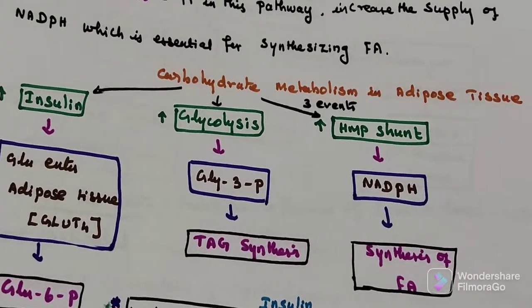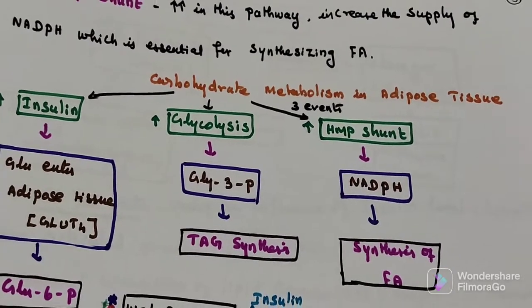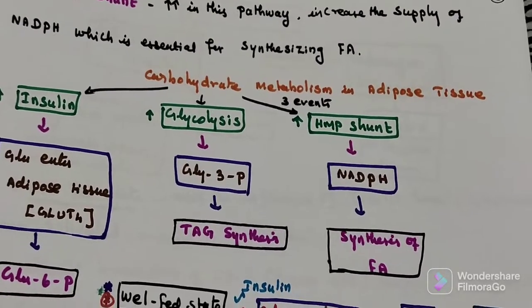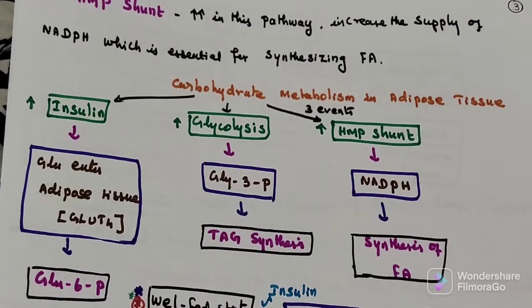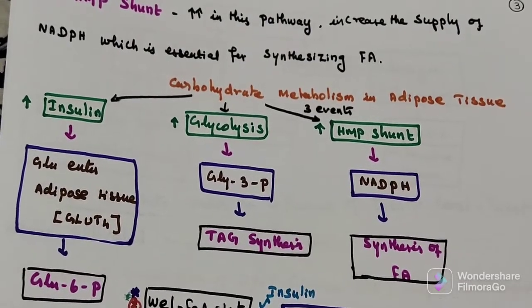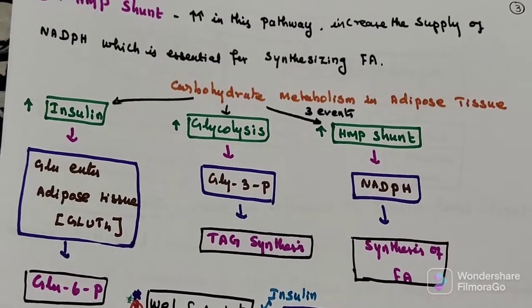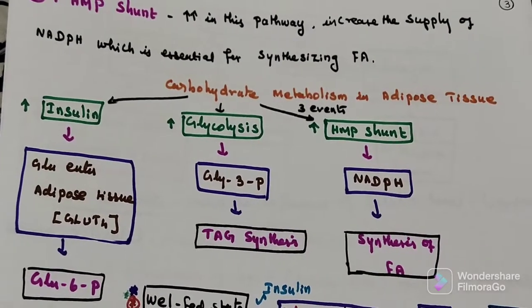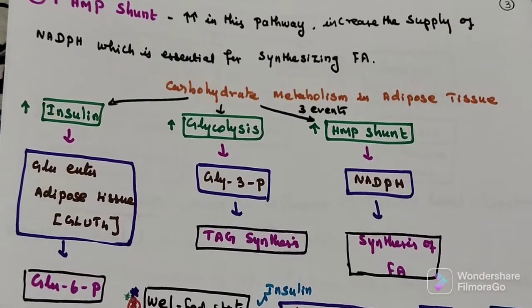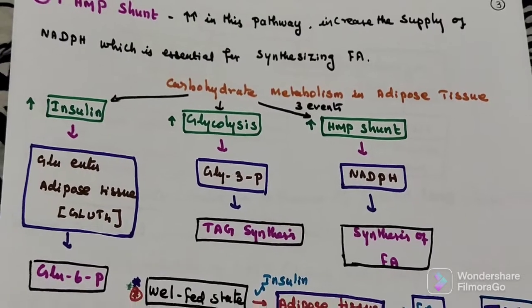So the summary is, in the well-fed state, largely under the influence of insulin, the adipose tissue takes up more and more glucose. This synthesizes fatty acid and they build triacylglycerol, which gets stored there.